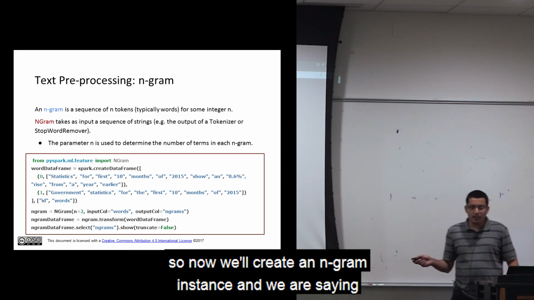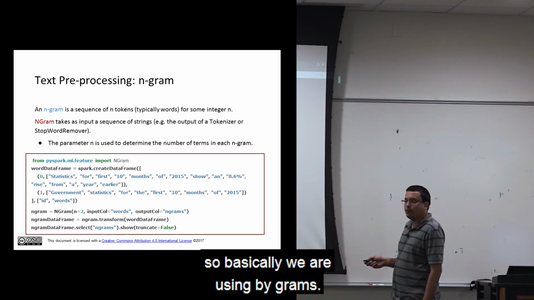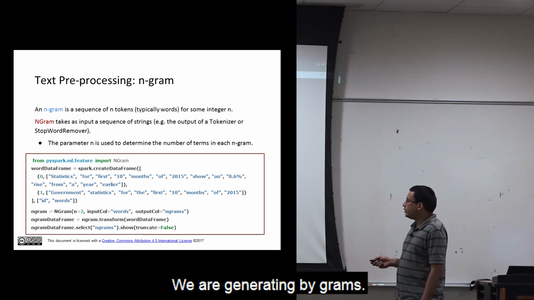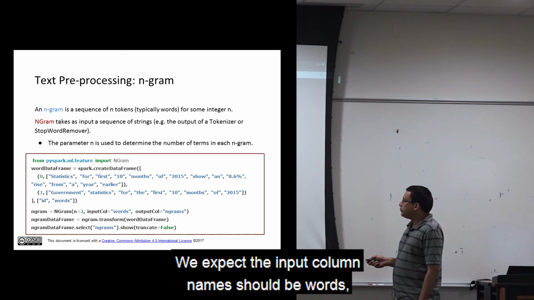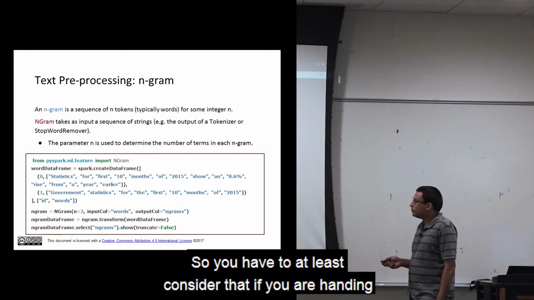Now we will create an NGram instance, and we are saying that we will be using n equals 2, so basically we are generating bigrams. We expect the input column name to be words as given here, and the output column will be n-grams.